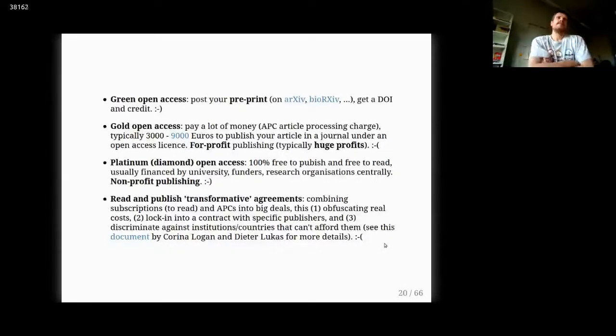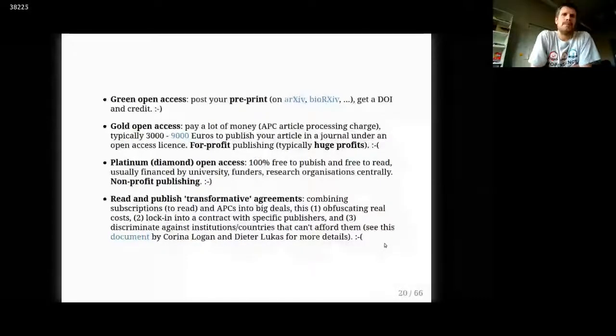And very recently, you might have heard about these read and publish transformative agreements that actually kind of combine subscription fees and APCs into single big deals that are paid by libraries, by universities, or by other bodies that manage these. And that's really a very horrible thing, because it kind of hides the real costs.